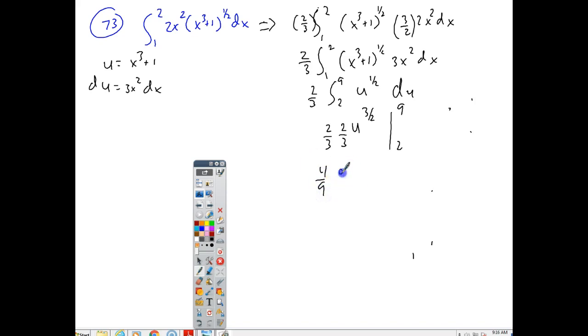Plug in my 9. 9 to the 3/2 minus 4/9 times 2 to the 3/2. Square root of 9 is 3. Cubed would be 27. Divided by 9, that's 12. And this is 8/9 root 2. I'm done.